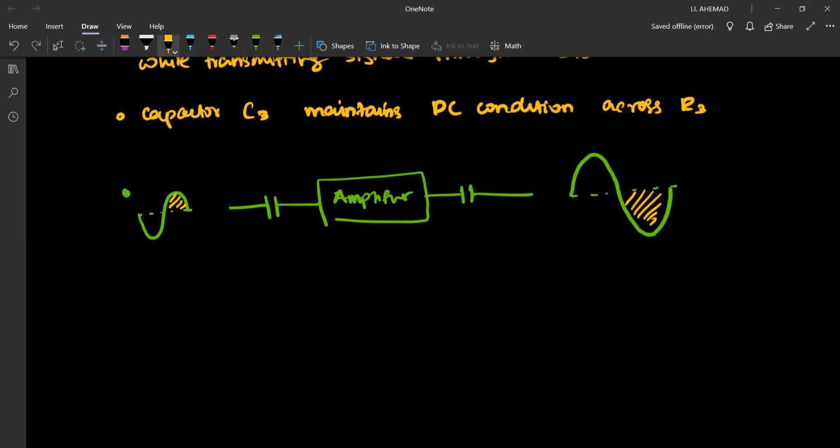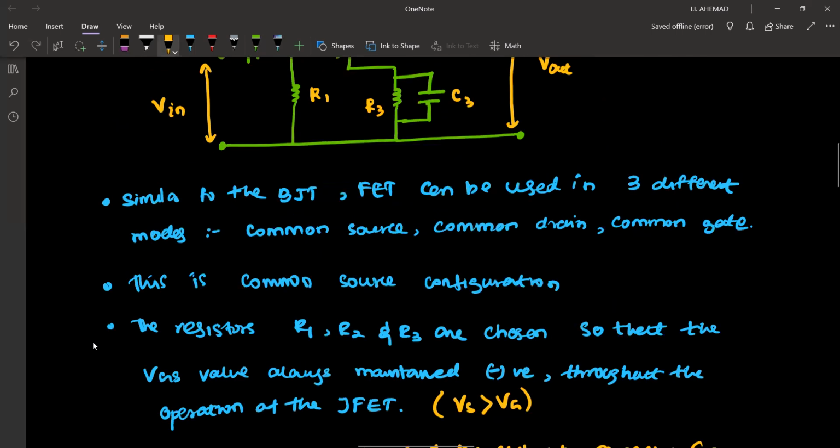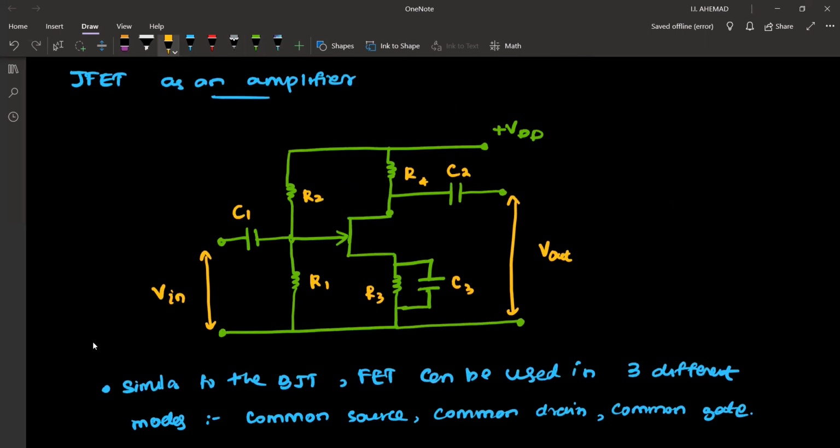So let's see why that is happening. Why when I give a positive, why it gets inverted. So when we have a positive signal entering, the voltage over here will increase. So VGS will decrease.